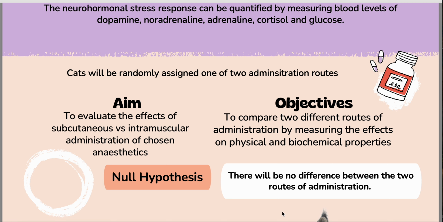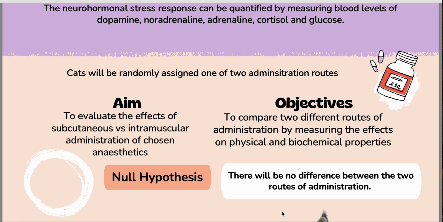The physical parameters that will be measured include heart rate, respiratory rate, blood pressure, and rectal temperature, whereas the biochemical properties will be done in serial blood samples with a baseline sample obtained before the administration of anesthetics and then taken at T30 and T60.